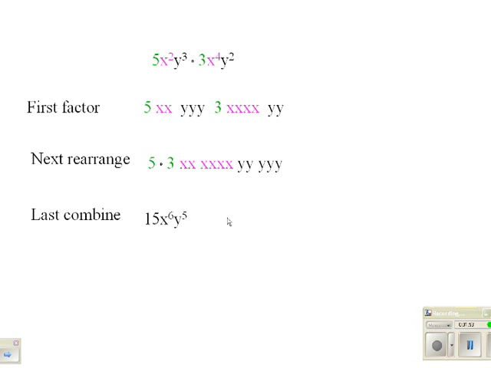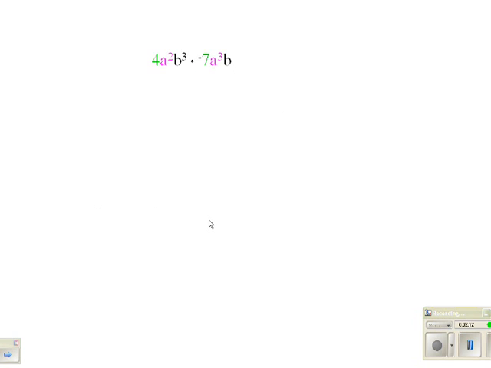And yes, right away, students can see shortcuts and want to jump into the shortcuts, but I strongly encourage them to keep doing this factor, rearrange, and combine for quite some time so that that is clearly in their minds when the next procedures get presented and they don't get things confused.